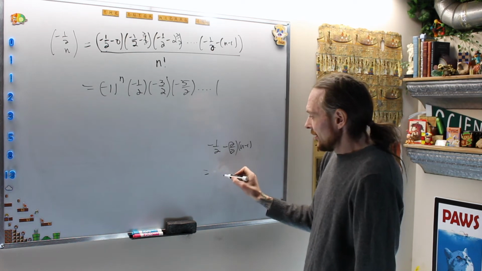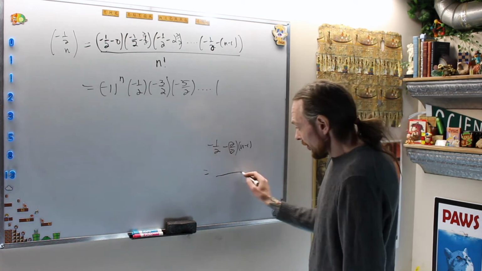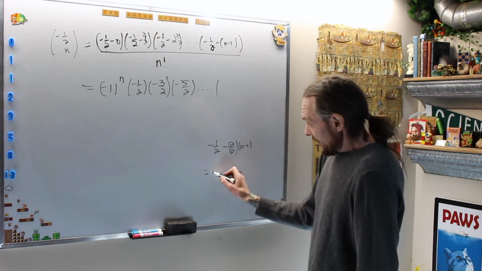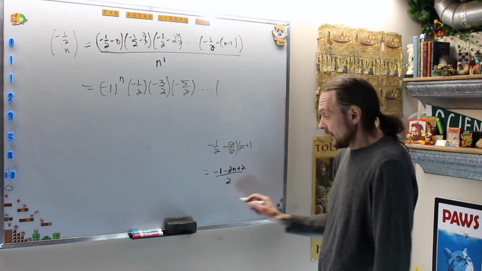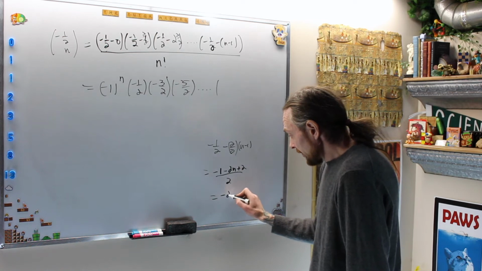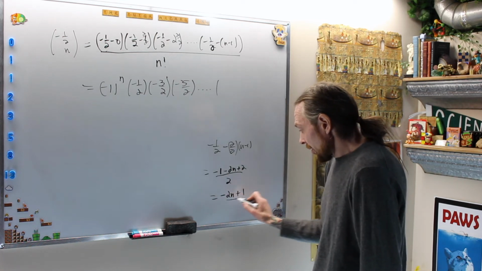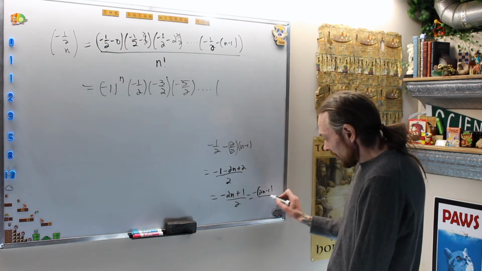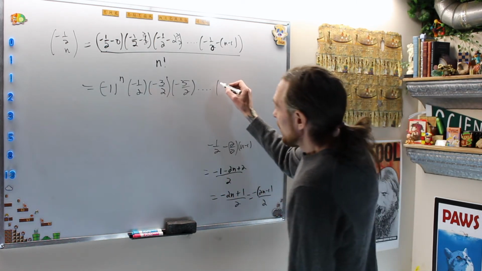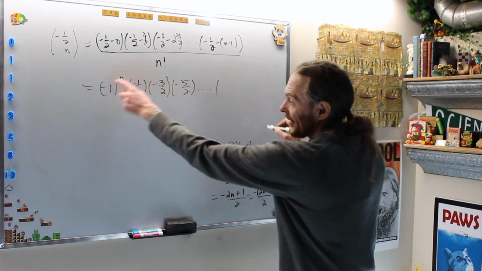This is equal to, now I have a common denominator, over 2. Then I have -1 minus 2n plus 2, which is equal to -2n plus 1 over 2, which is, pull the negative out, -2n minus 1 over 2. So now I've taken the negative out.